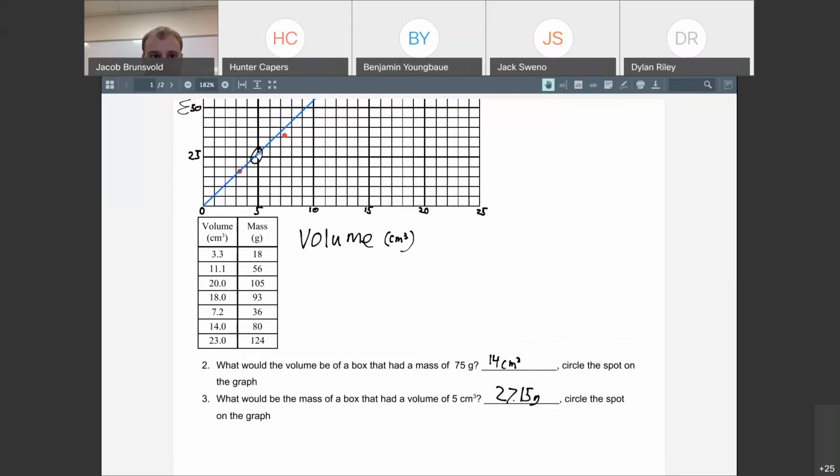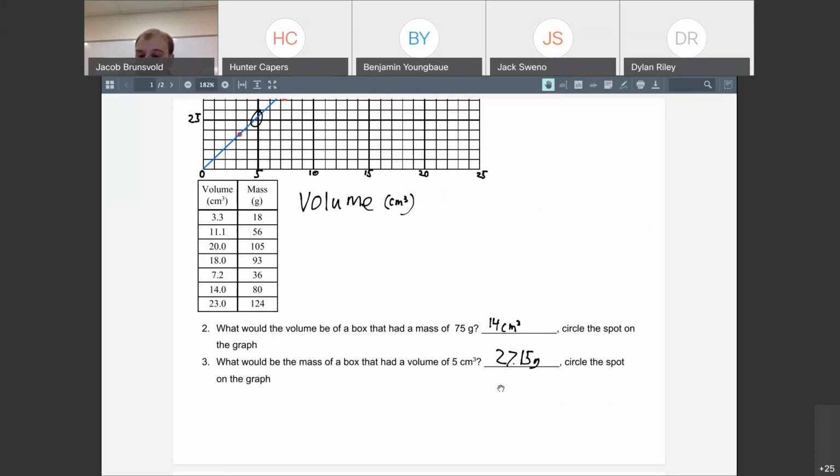And then you followed it over here, and it looks like it's a little bit bigger than 25, so you guessed 25 or 27.15, and so that's a great answer. Keep in mind, if you were close to one of these, that's still fine. It's tough to tell what the answer is exactly on this graph, and that's sort of why we like to use the equation, is that it will help us get exact answers.